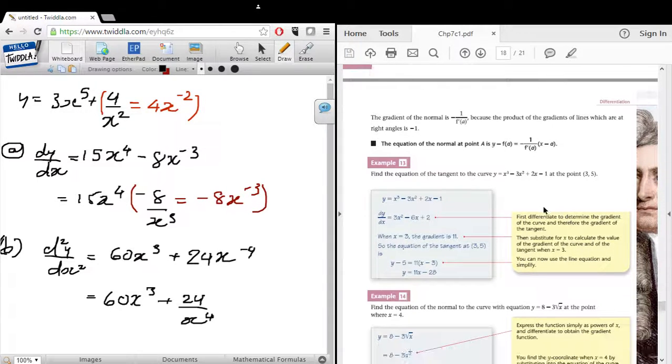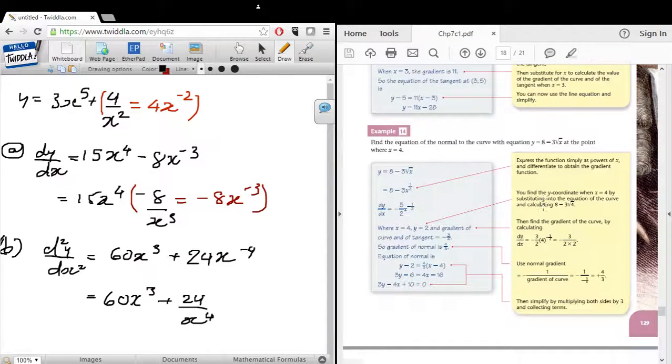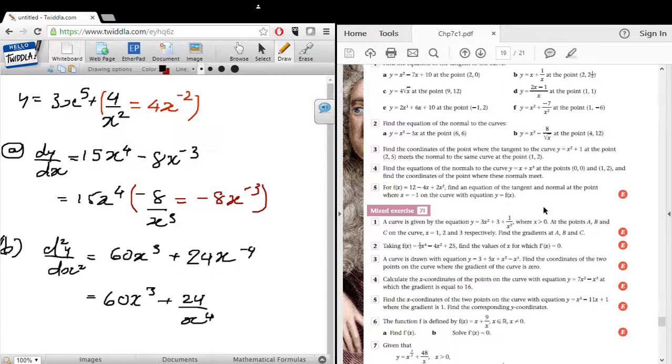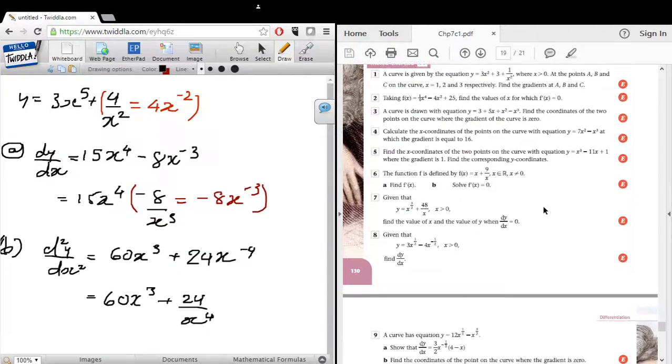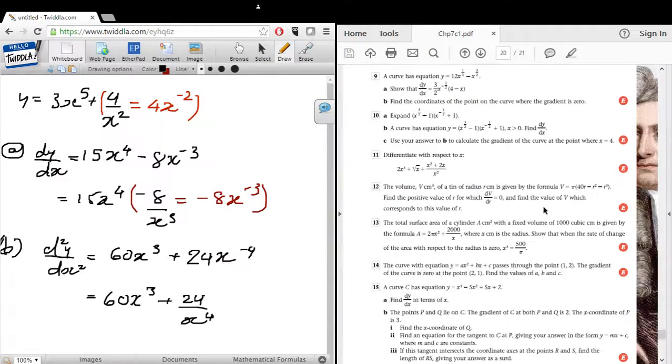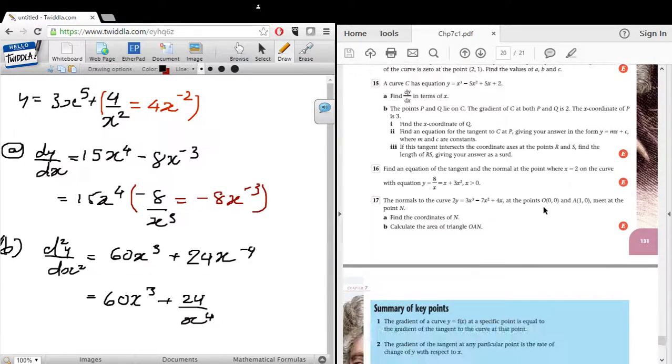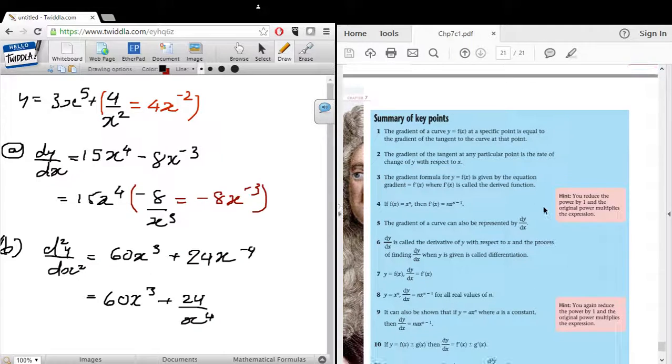Then there are examples 13 and 14 for you to do in your own time, and some more exercises and mixed exercises, which bring us to the end of this chapter and amalgamate all the previous ideas together.